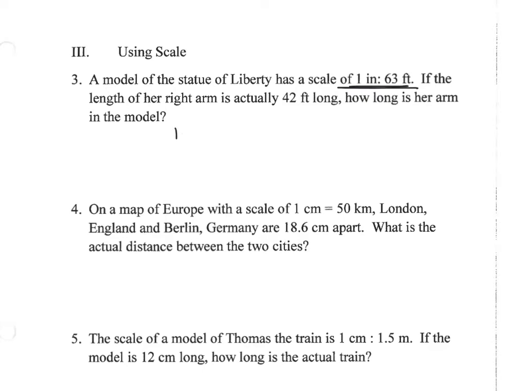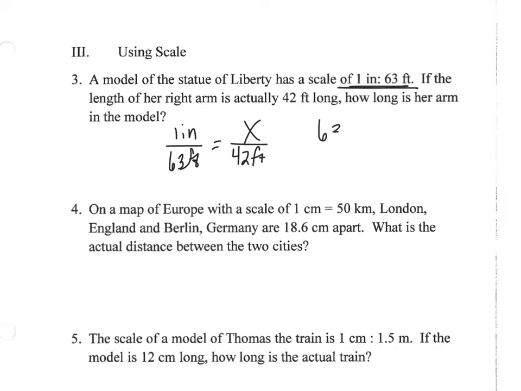So if I know for every inch on the model, it's 63 feet in real life, well, if it's 42 feet in real life, how long should it be in the model? So we're going to create these proportions using our scales.